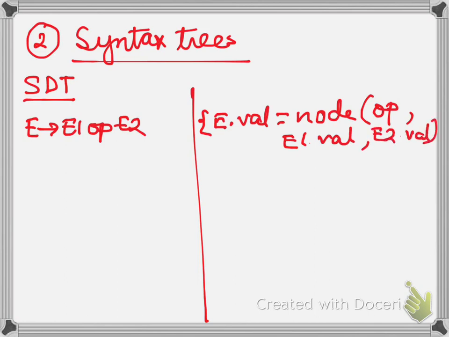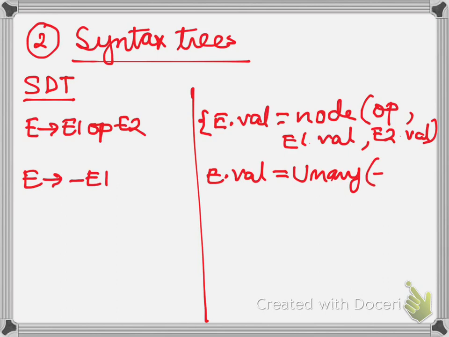Then if I have a unary operator, E is minus E1, then E dot val would be unary, then operator and E1 dot val.